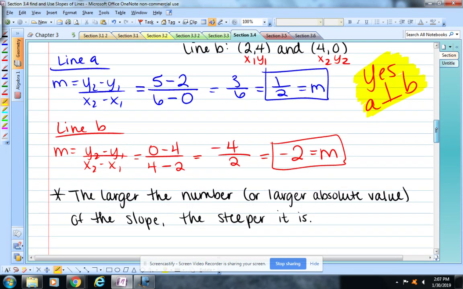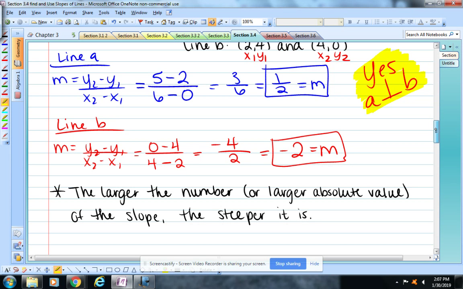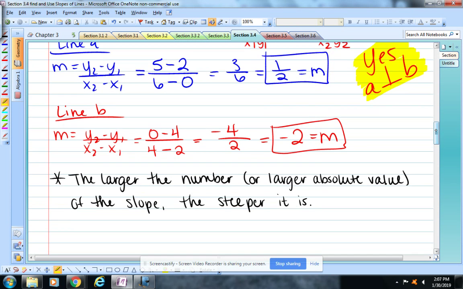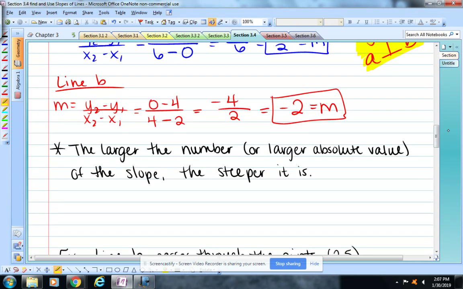I like proofs. All right, just something to note. You don't even have to write this down. The larger the absolute value of a number is for your slope, the steeper it is. Something that has a slope of 5 is going to be a lot steeper of a line than something that has a slope of 1 or 1/2.